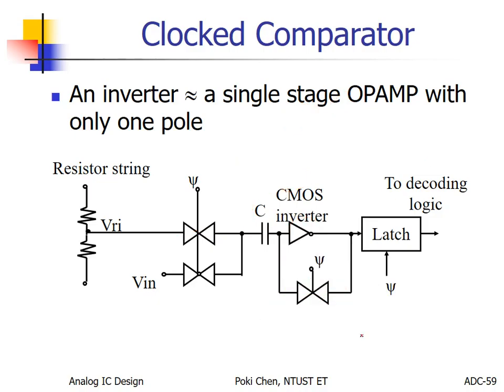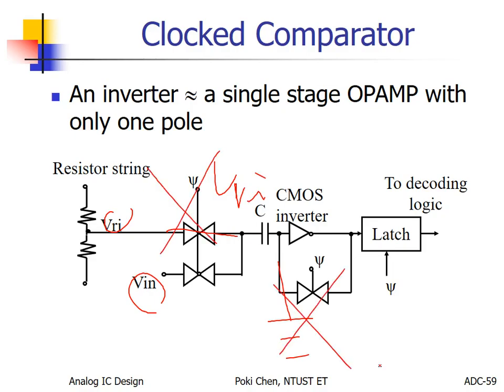So right now I would like to explain how to get the difference between Vin and the reference voltage, or the quantization level you would like to compare with your Vin. From the beginning, grounded. Then you put Vin here, VRI here. Okay, and then open it and then connect it to Vin.